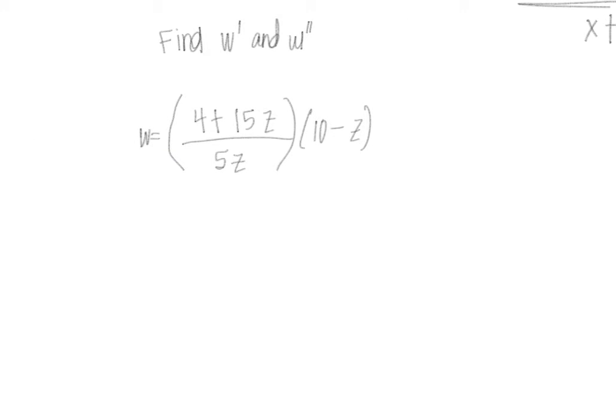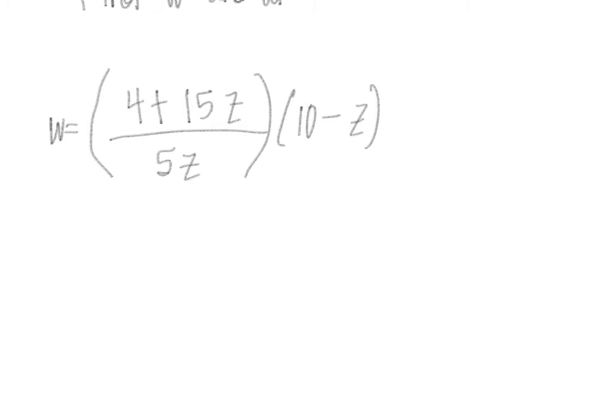So with this product rule, let's write down what the product rule is. The product rule is f g prime plus g f prime. So first times the derivative of the second, plus second times the derivative of the first. Remember, your first function is 4 plus 15z over 5z.